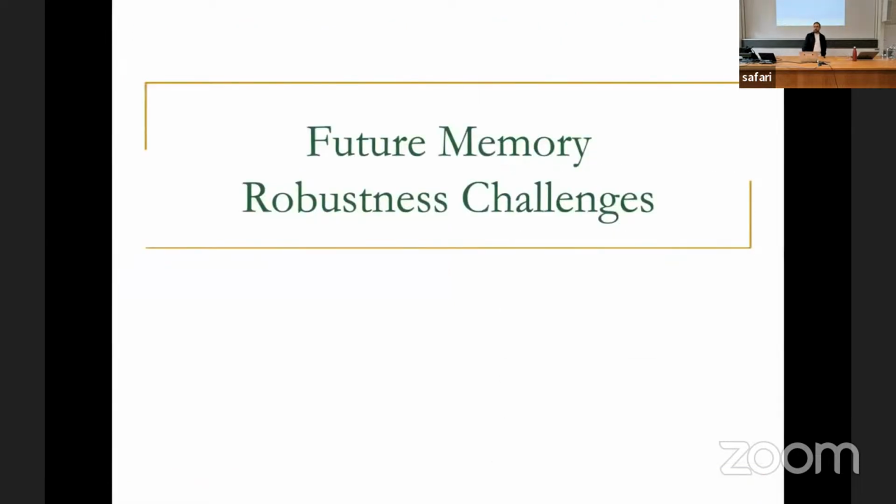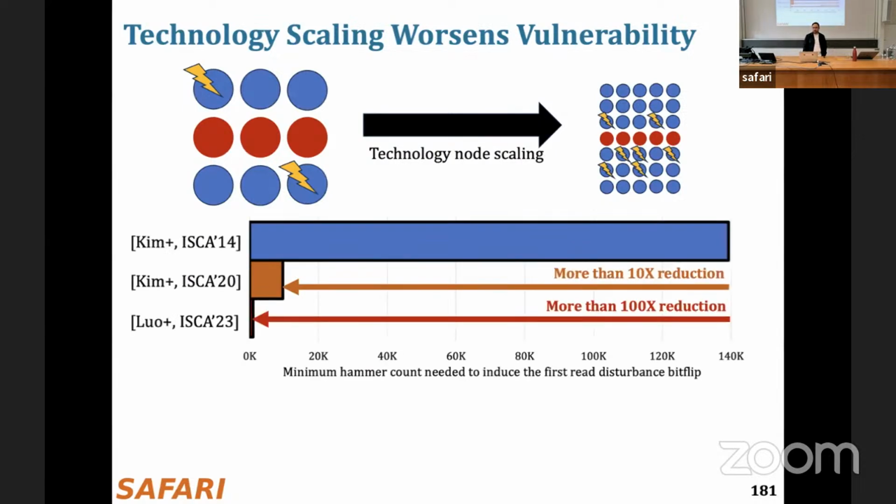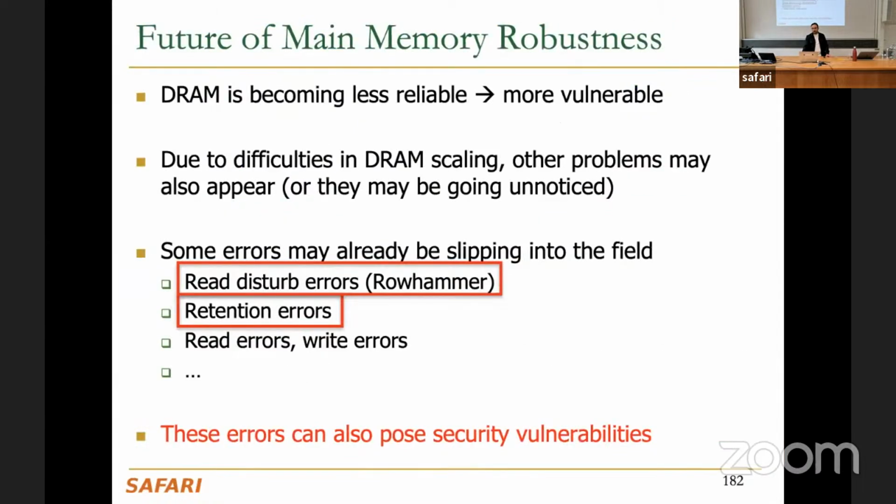Going forward, we have more future robustness challenges, because as DRAM cells get smaller with technology scaling, we observe that the minimum hammer count to induce a bit flip gets reduced by more than two orders of magnitude, and it affects memory robustness quite a lot. So memory is becoming less reliable and more vulnerable.